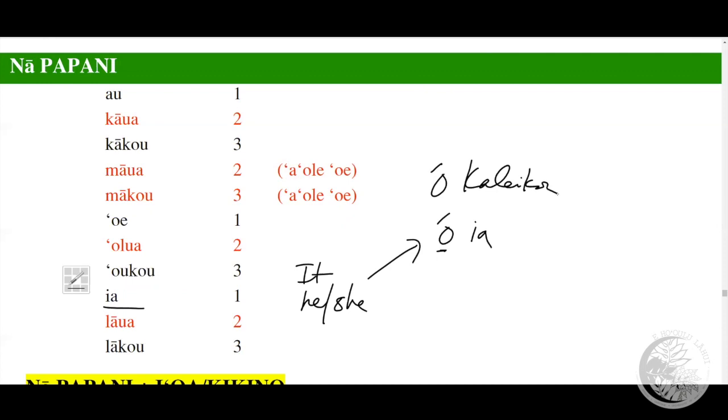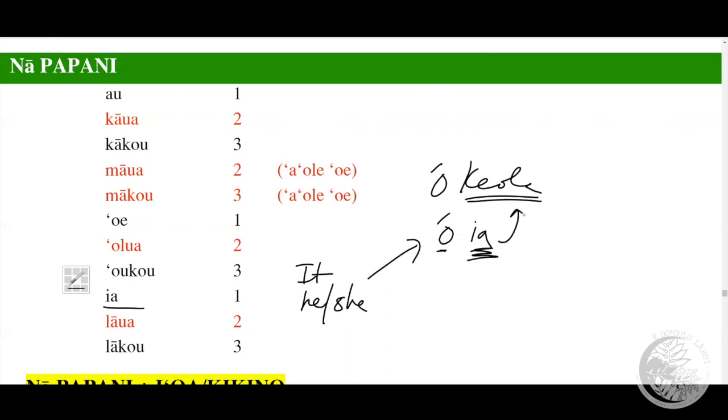So when I say 'o Kaleikoa, and I'm talking about, maybe I should change this, 'o Keola. I'm talking about Keola. He or she, yeah, and you notice a name like Keola, both male and female, 'o Keola. He or she. So instead of saying Keola all the time, or Keola over and over, we replace Keola with the word ia.